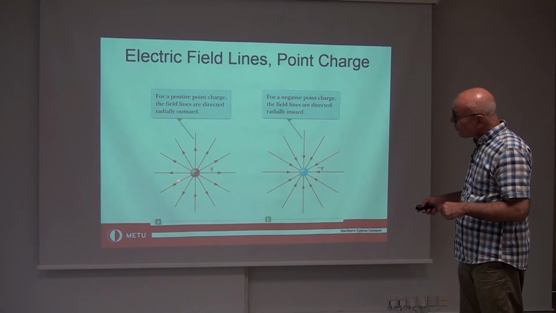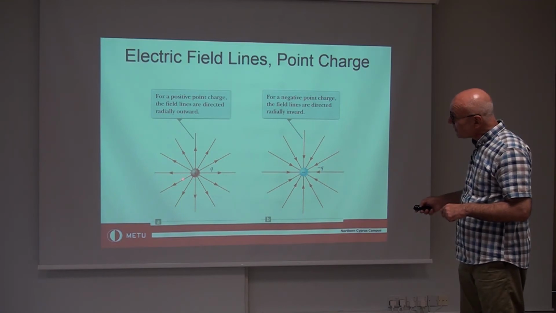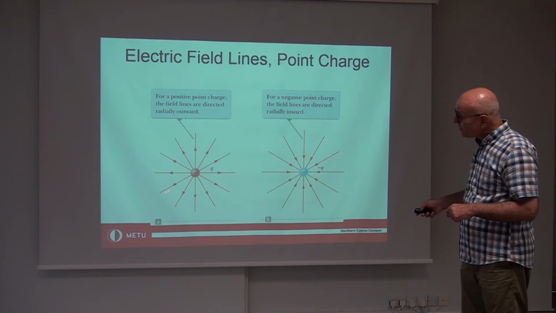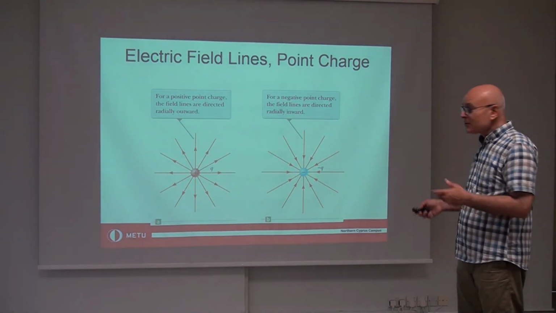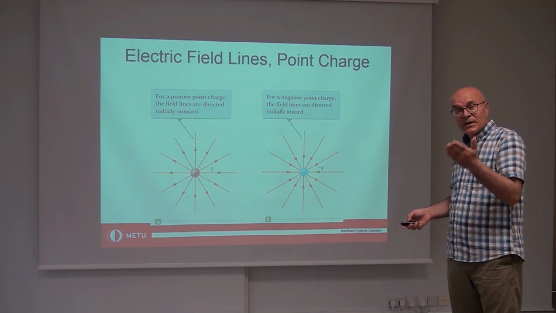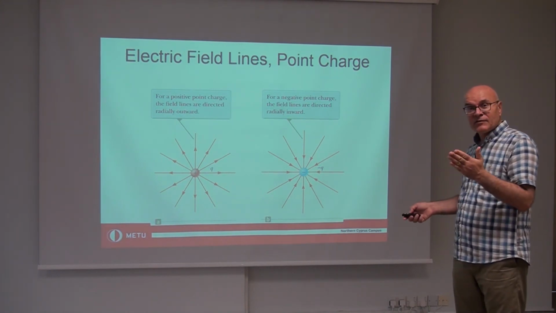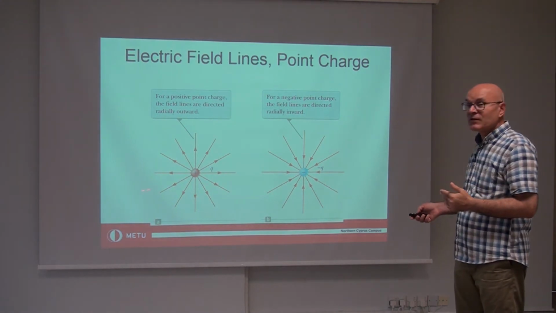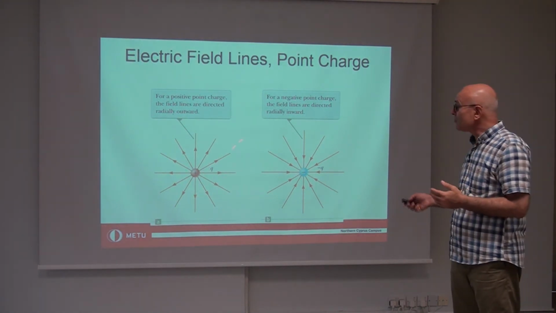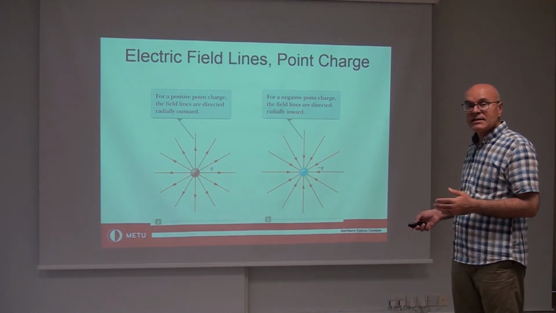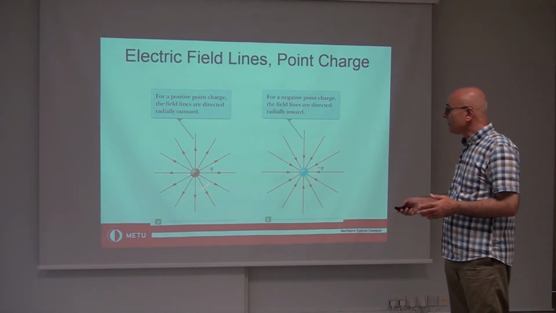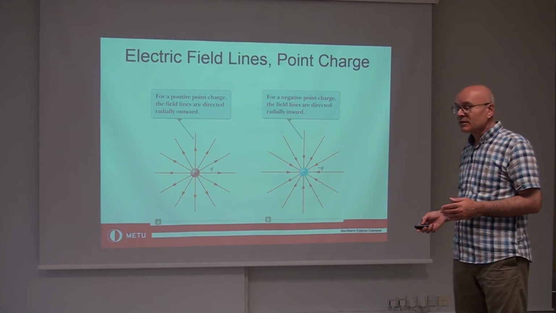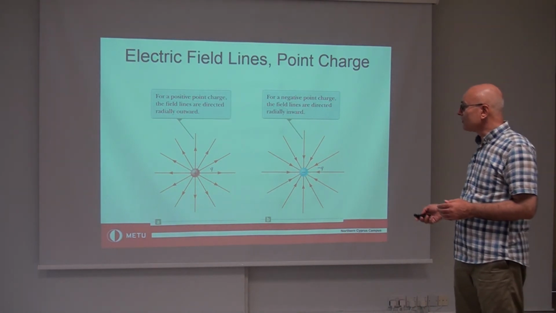Not only this, all the points along this ray will have the same electric field direction pointing along the ray. And since the direction of the electric field vector is always tangential to the electric field line, the only way to achieve this is to draw these as straight rays originating at the positive point charge.